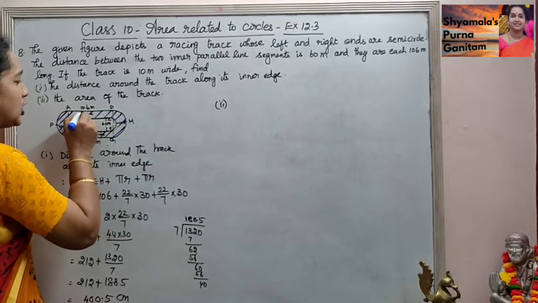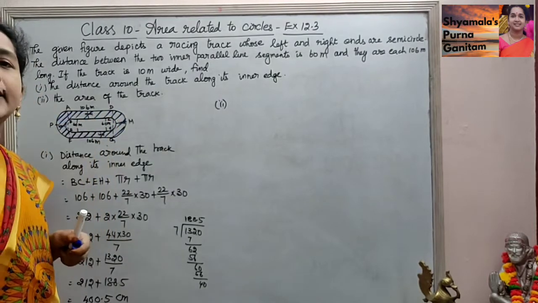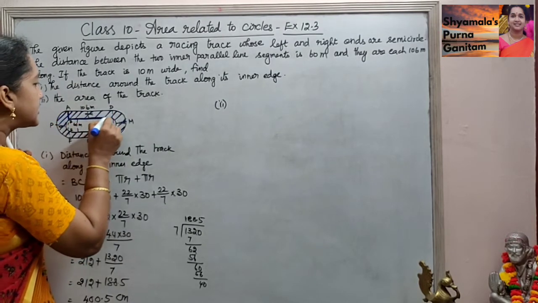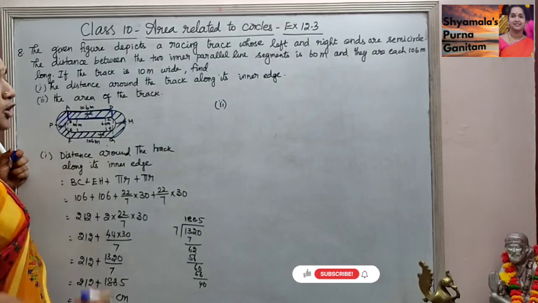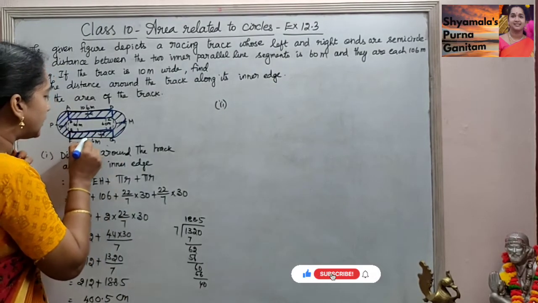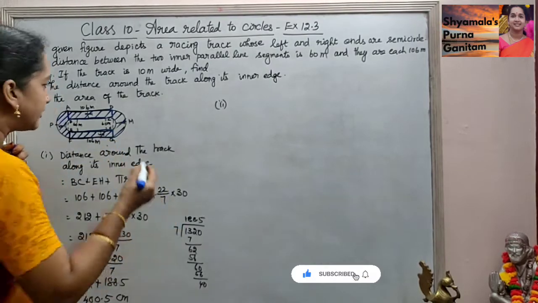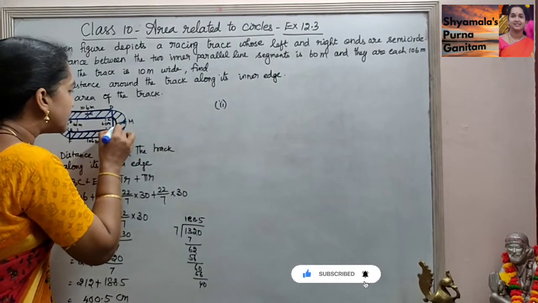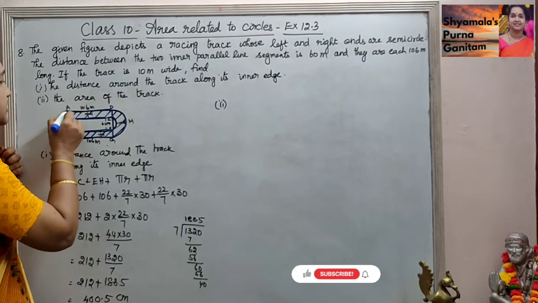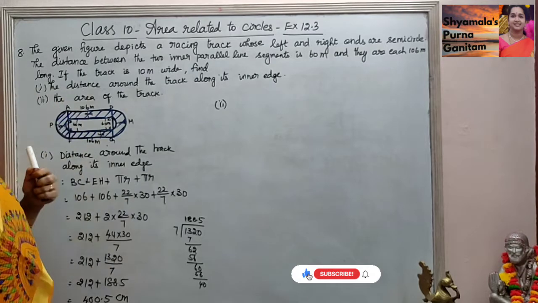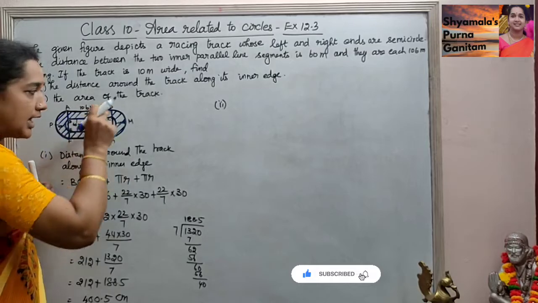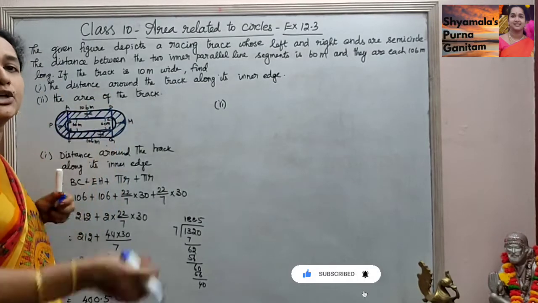For finding the area of the track, we will divide the given figure: this is a rectangle, so we will find its area. In the same way, this is also a rectangular part, and we will find its area. Since we have the same thing on both sides, we will find the area of one and multiply by 2. So it is area of the rectangle into 2 and area of the semicircular part into 2.